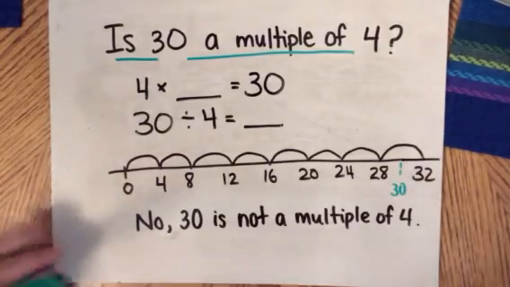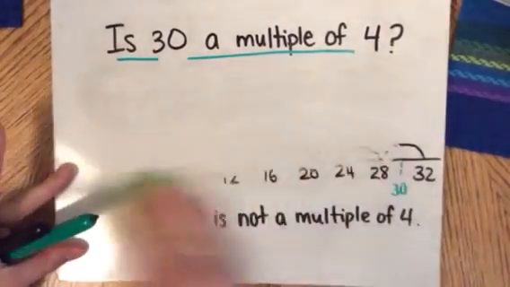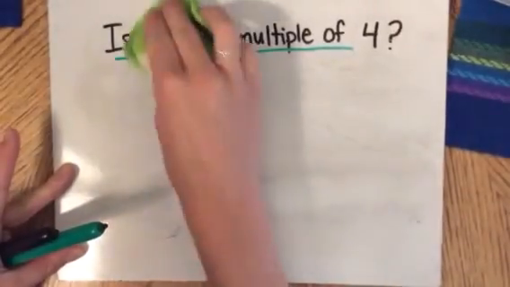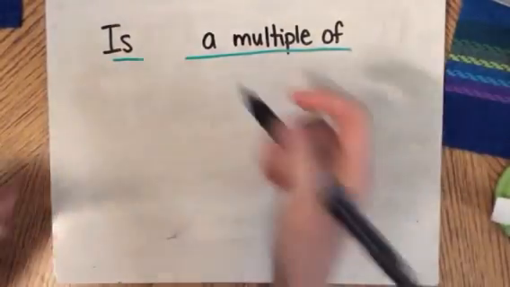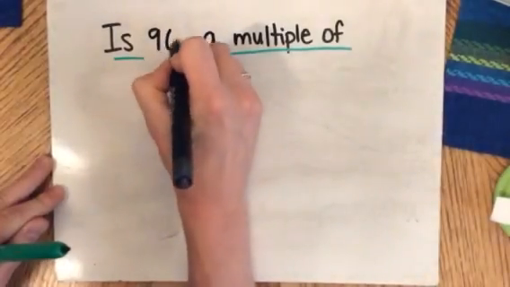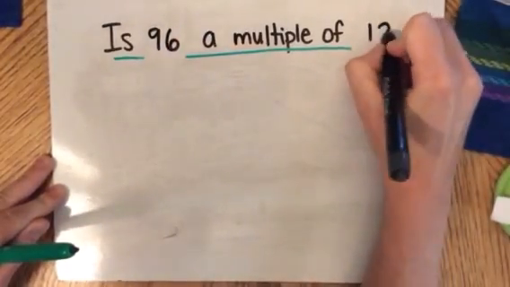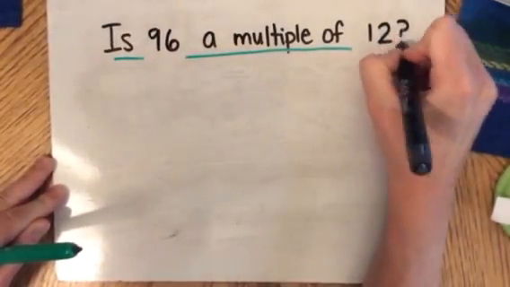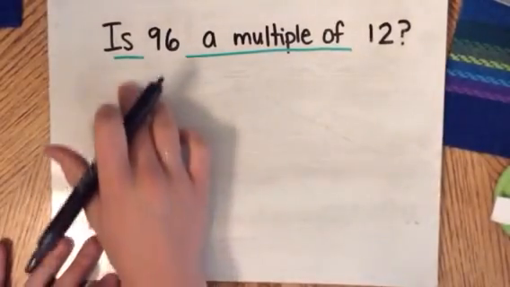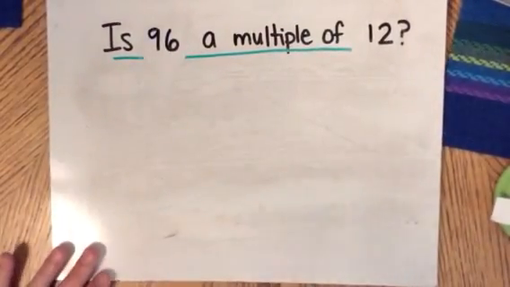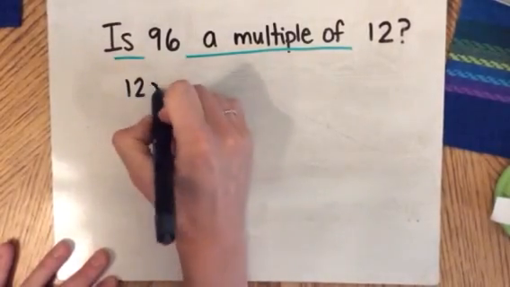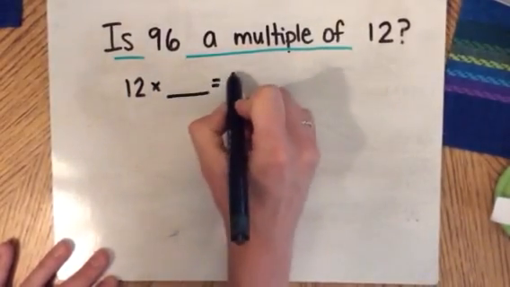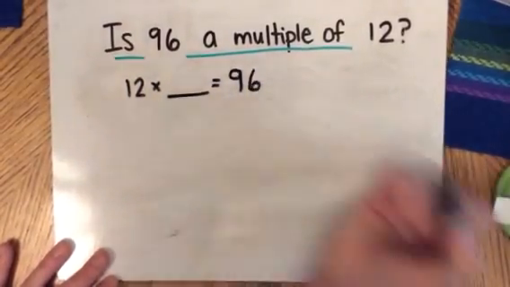Okay, let's do one more try. This one's going to be a tricky one. Get ready to have a growth mindset. Is 96 a multiple of 12? Remember, what equations am I thinking to know if it's a multiple? Can I multiply something by 12 and get 96?